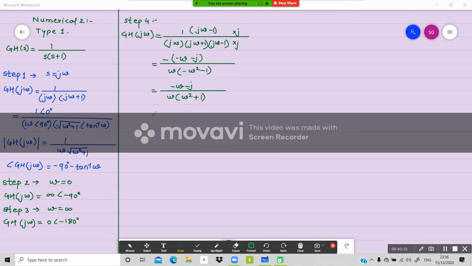Now it's very easy for us to separate it. So you are going to have minus omega, and this will be plus j minus 1. I'll write the denominator for both. Omega square plus 1. Yes, definitely we can cancel out this omega also. Omega square plus 1.